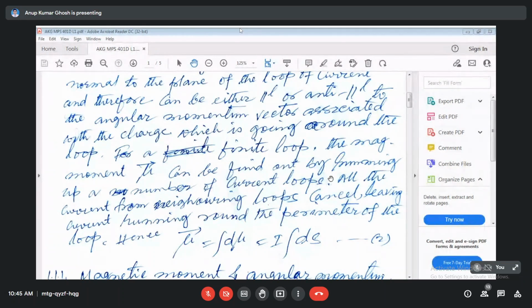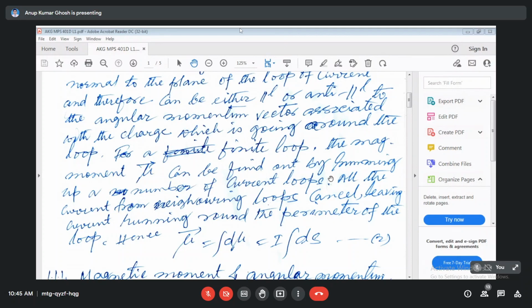And since in the outermost circumference the current is flowing either clockwise or anti-clockwise, every loop connected with the outermost circumference, for the time being, you consider the current is flowing in the clockwise direction.